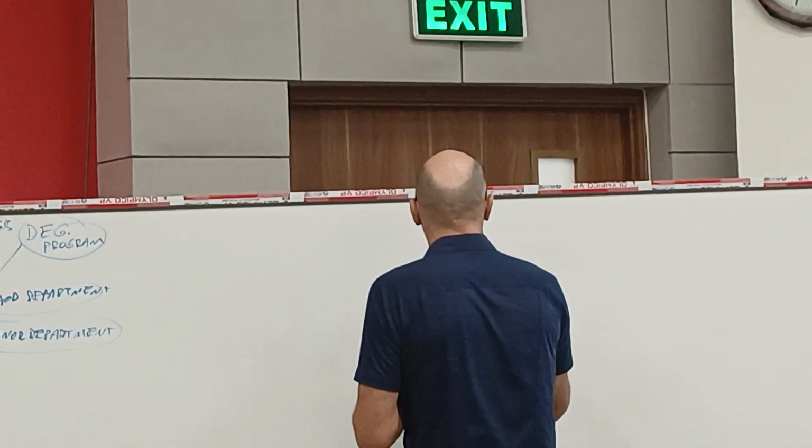Okay, that's it for number A. Then number B, each department is described by, so apparently we need to keep track of departments as well.